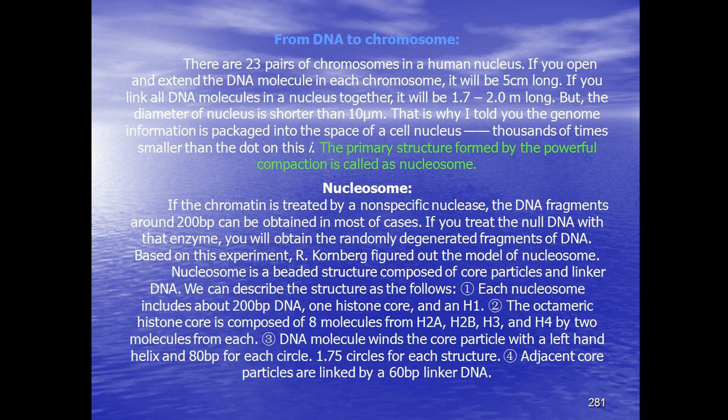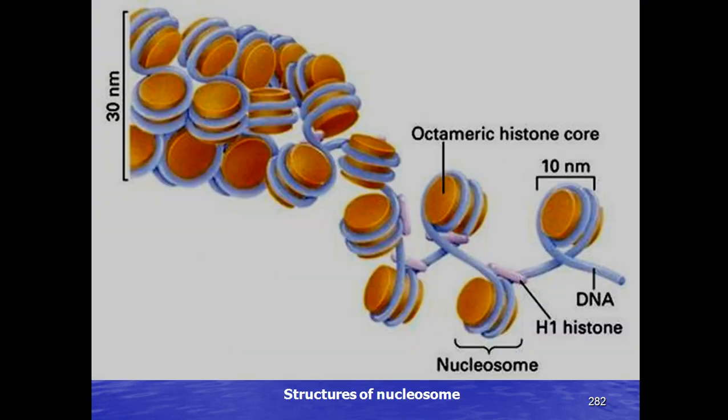Each nucleosome has one histone core and a linker histone. So this is what you call the nucleosome. See here the structure of a nucleosome: this is the octameric histone core, and these are H1 histones or linker histones.